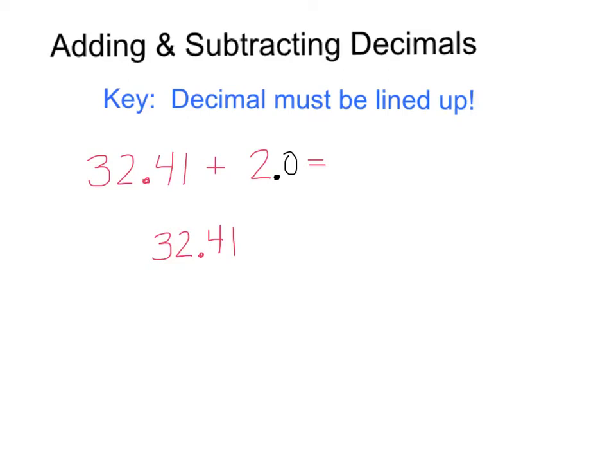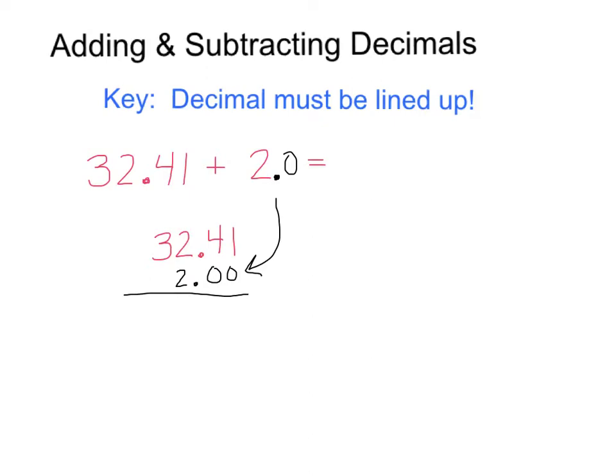So when I go to put this down below, because I like to line things up vertically, I think it makes things a little bit clearer, I'm going to put the 2.0 here, and I'm even going to put another 0 as a placeholder. Why did I put it there? Well, the decimal point must line up, so they must go straight up and down.